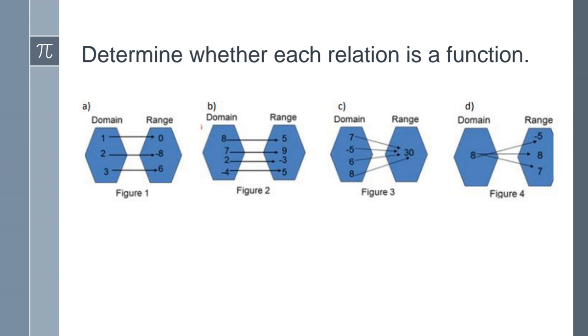If I look at example C here, this would not be a function because the formal definition of a function means that every x value has to have its own y value.